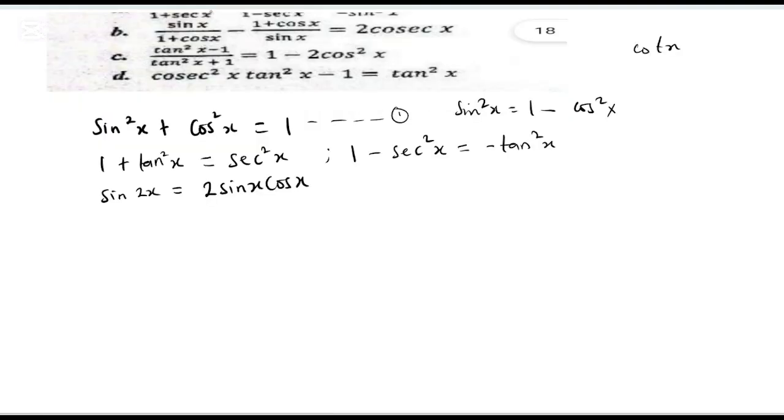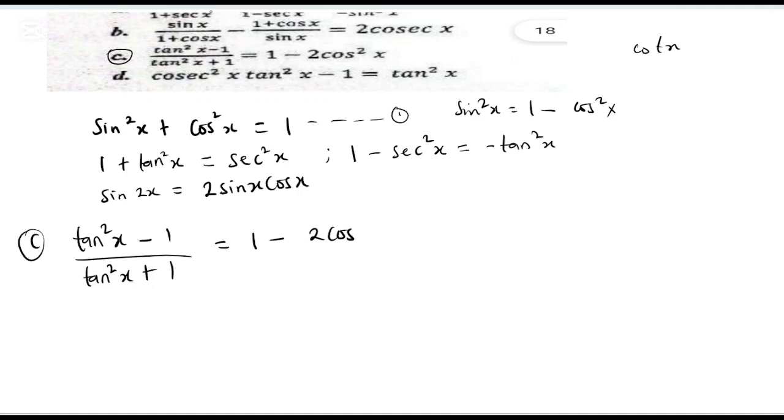So let's move to our third question, which is part C. Part C says we have tan squared x minus 1 over tan squared x plus 1 should be equal to 1 minus 2 cos squared x.